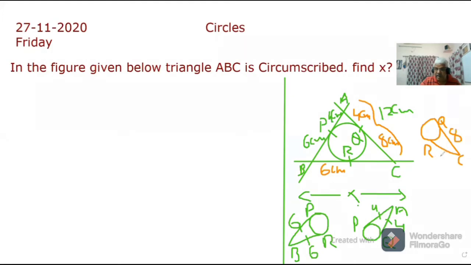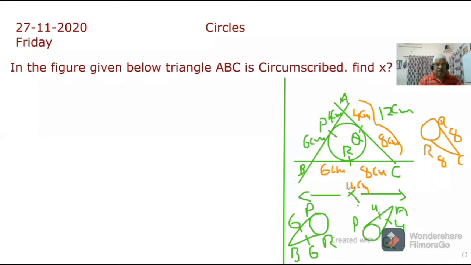Therefore, this RC is also 8 centimeter, that is, tangents drawn from the external point of the circle are equal. Therefore, X, they asked, total measurement 8 plus 6 equals 14 centimeter is the measurement of X. You have to remember. Look, dears, how easily we got the answer.